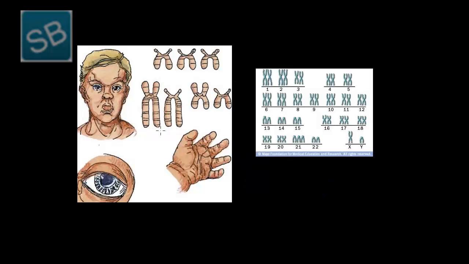This figure depicts the symptoms of an individual who suffers from Down syndrome, and this is the chromosomal structure that causes Down syndrome. As can be seen from the figure, all chromosomal structures are normal, but in the 21st pair, instead of 2 chromosomes, there are 3, which results in Down syndrome.